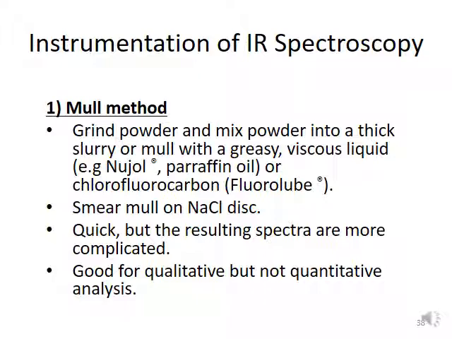You need to grind your sample with Nujol or paraffin oil, or chlorofluorocarbon oil. After you have this thick slurry, you smear the mull on a sodium chloride disc, and then you can simply scan the infrared spectrum. This mull method is good for qualitative but not quantitative analysis.